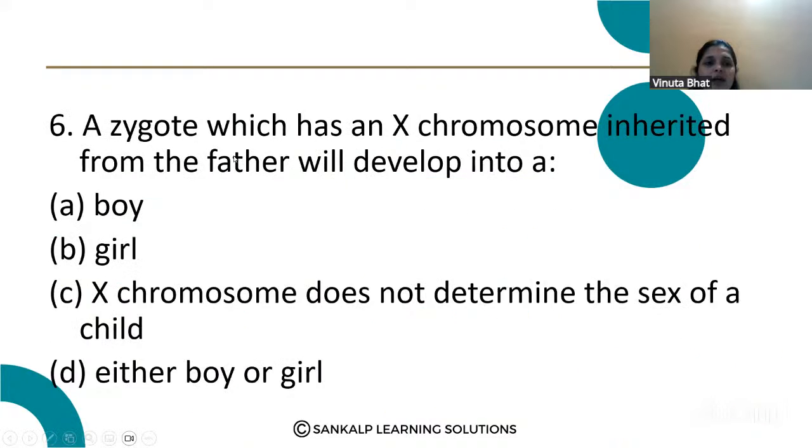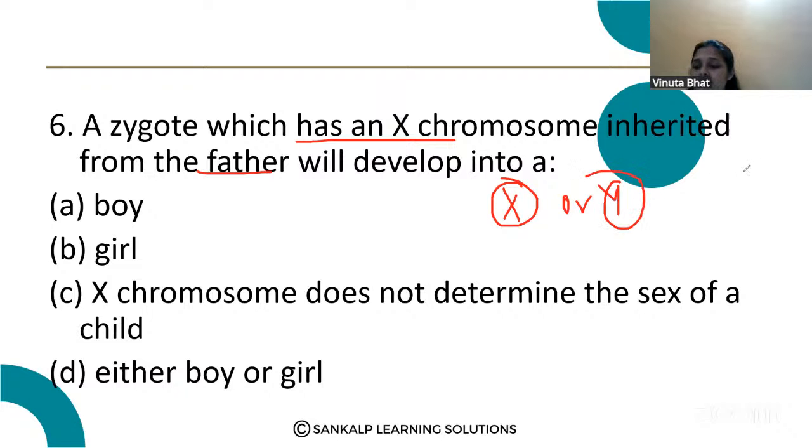Next question. A zygote which has an X chromosome inherited from the father will develop into: option A, boy; option B, girl; option C, X chromosome does not determine the sex of the child; option D, either boy or girl. From the father, the gamete contains either X or Y chromosome, but the gamete from the mother always contains the X chromosome.